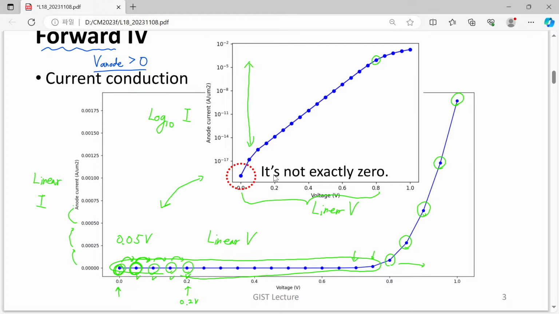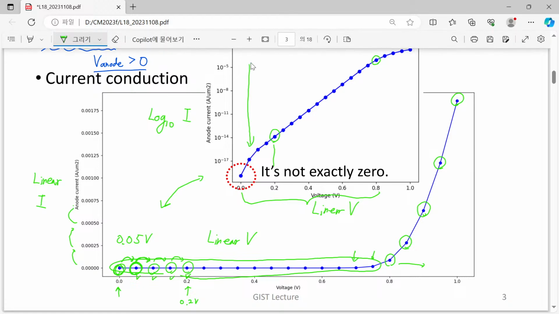Comparing the values at 0.2 volt and 0.8 volt, there is a really huge difference. How large is it? More than 10 orders of magnitude.